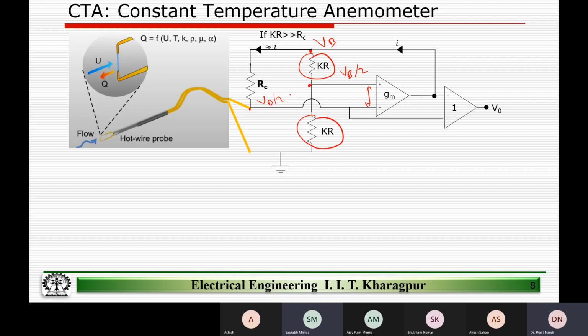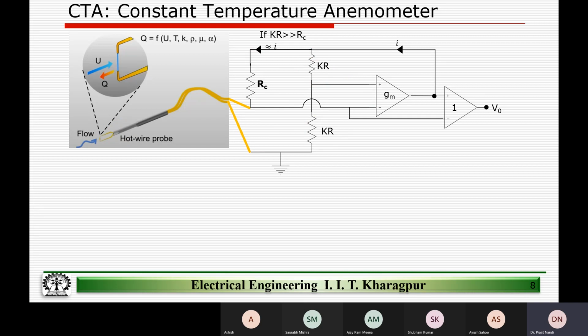If this is also VB by 2, that means what? See, this is a wire and this is VB, the potential here is VB. So if this is VB by 2, the sensor resistor RW has VB on one side and VB by 2 on the other, which means RW is equal to RC.